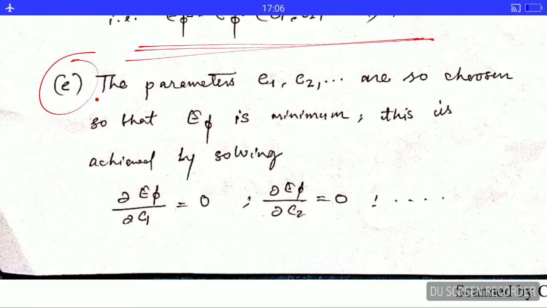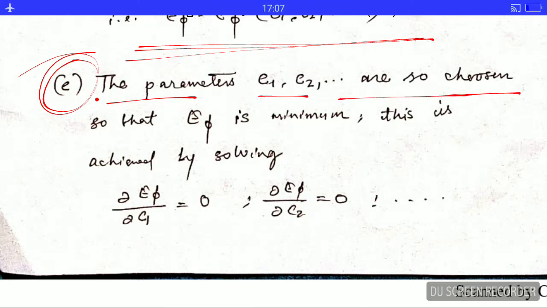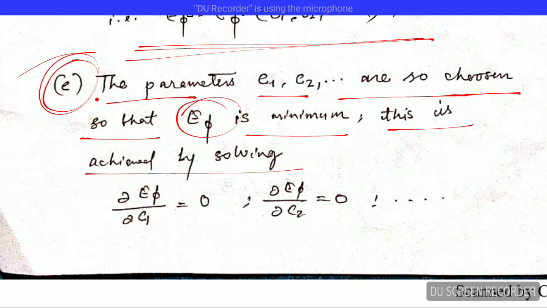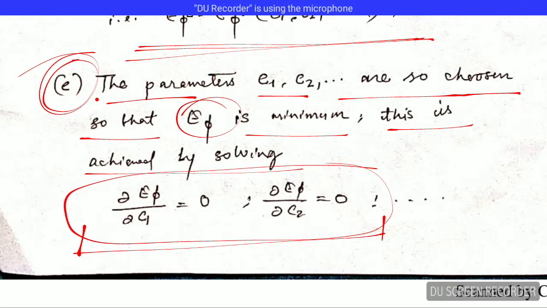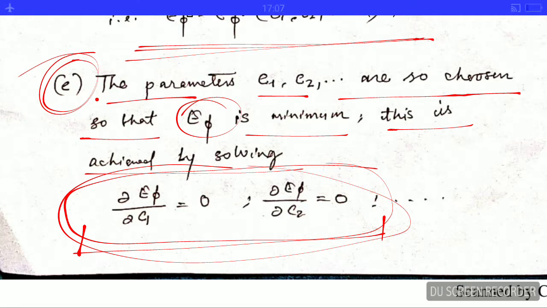So in step C, that is the third step, the parameters C1 and C2 are so chosen that E phi is minimum, and this is achieved by solving these minimum conditions. These are the conditions when the energy of the state phi will be minimum. So solving these equations will give you those values of the variational parameters for which the energy E phi is minimum.